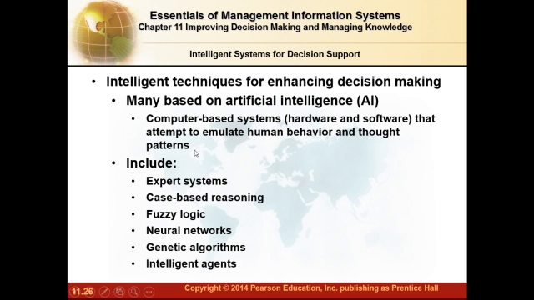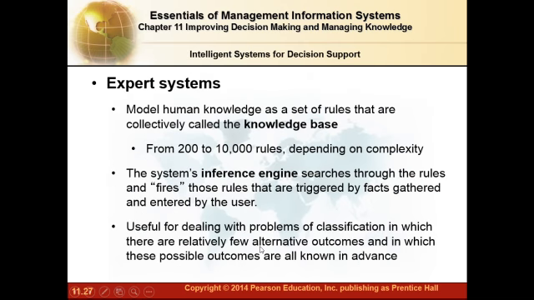In other words, artificial intelligence cannot replace humans, but it tries to emulate, to copy human behavior and thought patterns. Intelligent techniques include expert systems, case-based reasoning, fuzzy logic, neural networks, genetic algorithms, and intelligent agents. Next we look at them one by one.